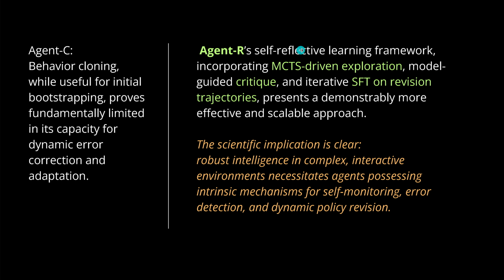And the new, beautiful Agent R, with its self-reflective learning framework, now incorporates 3 elements: Monte Carlo Tree Search driven exploration, an intrinsic model-guided critique function, and a self-learning iterative supervised fine-tuning on the revision trajectories. Isn't this beautiful? Or, if you want to call it in more classical terms, intrinsic mechanisms for self-monitoring, error detection, and a dynamic policy revision of your agent.